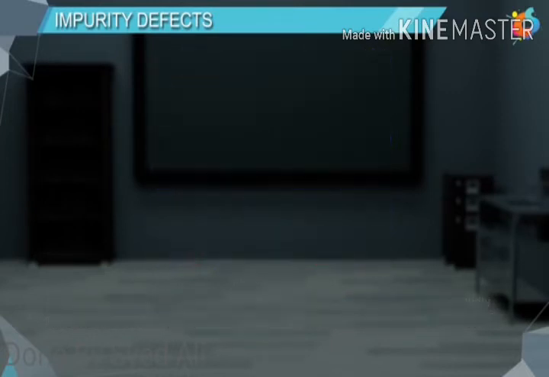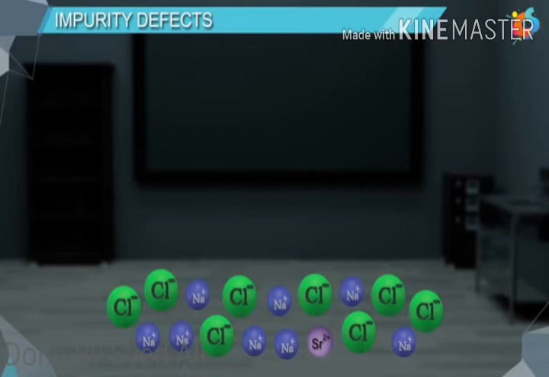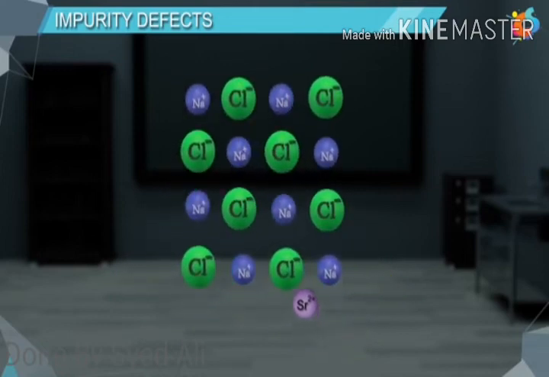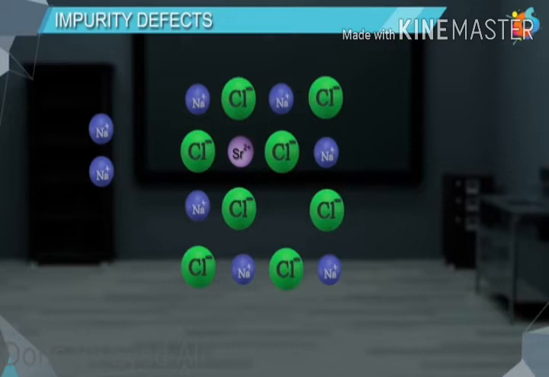Let us understand with the help of an example. Consider crystallization of molten sodium chloride in the presence of a small amount of strontium chloride, that is Sr2 plus. During the crystallization process, some of the sodium ions are replaced by strontium ions Sr2 plus.